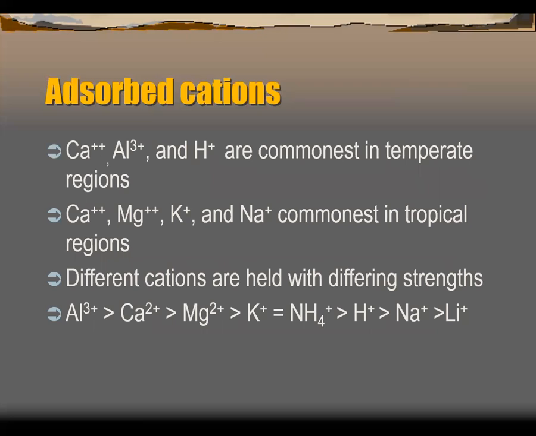Here they are. Lithium is the most weakly held. That's going to be on the far right-hand side, working the way up to aluminum, which is the most tightly held. And this actually kind of paves the way, which I will talk about in the next short lecture, about how you can measure the cation exchange capacity of a soil.